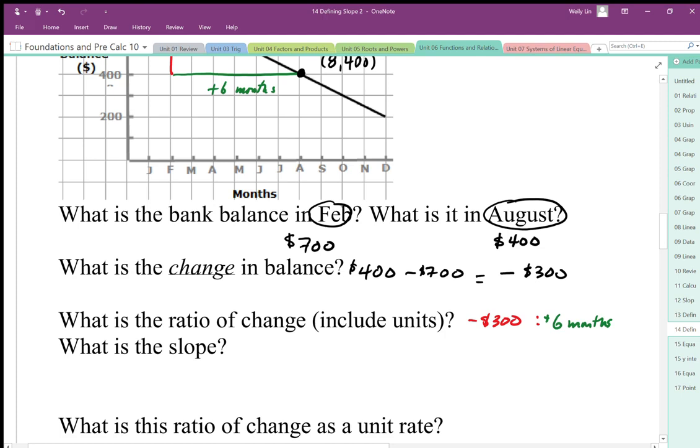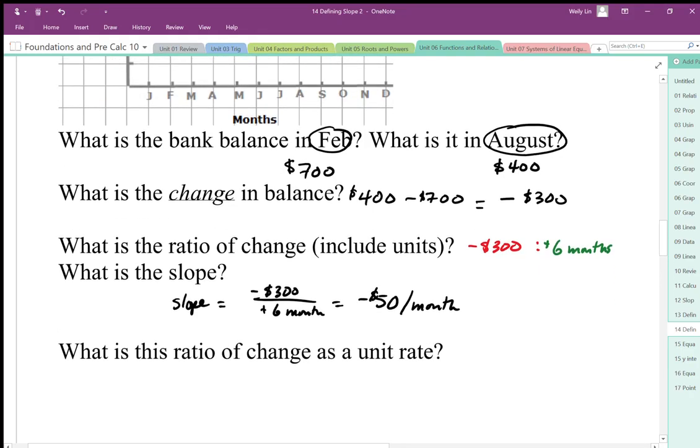And so when we work out the slope, the slope is going to be equal to negative $300 over 6 months. Okay, remember y goes on top, the x goes on bottom, and when we simplify this, when we work out a unit rate, we get negative $50 per month. Okay, so that represents our unit rate.